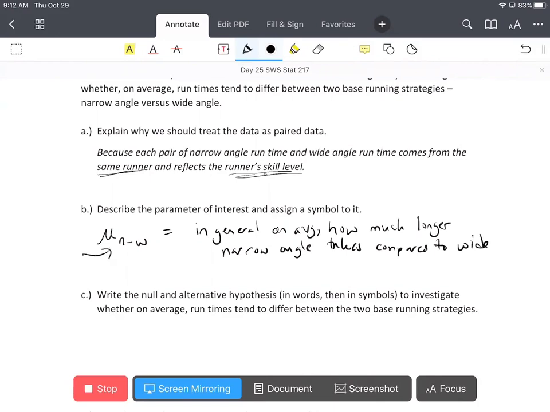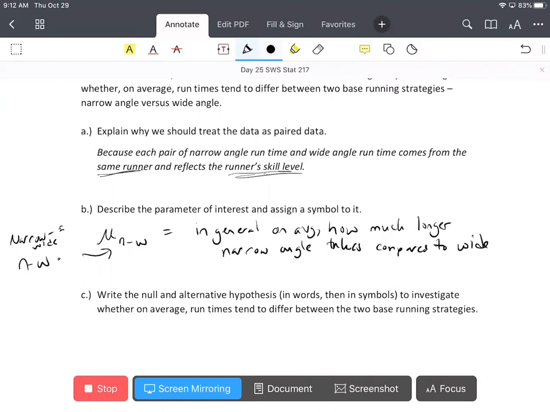Because remember here, I'm doing N minus W, so that's narrow minus wide, just to remind ourselves. So if the narrow takes longer, it's going to be a positive result. If the narrow takes less time, it would be a negative result when we look at those differences for each runner.